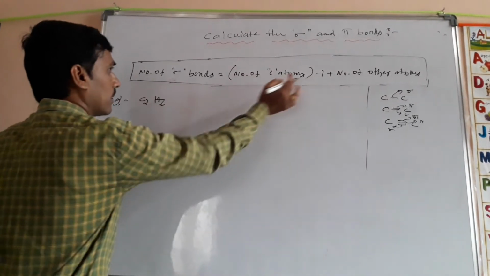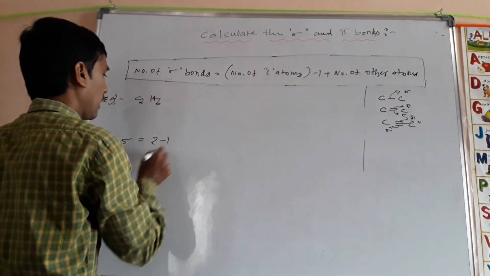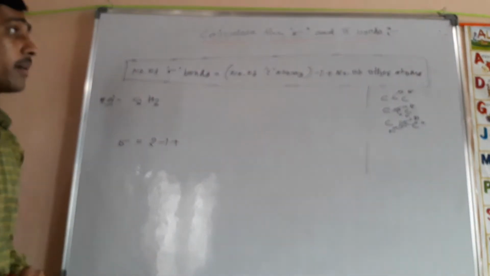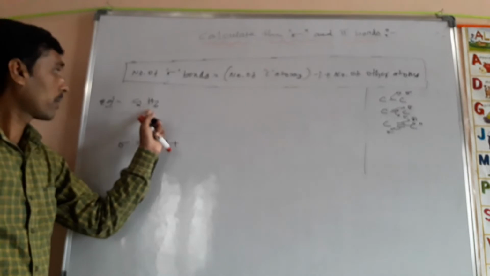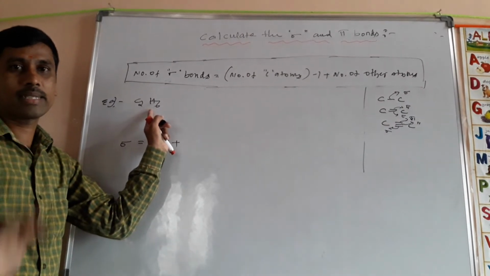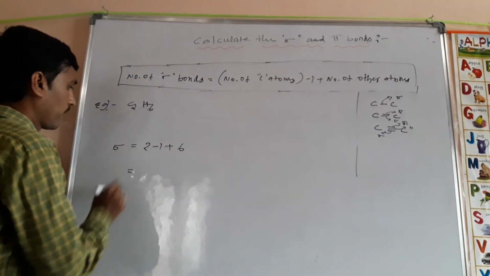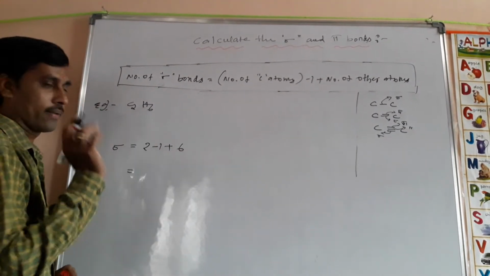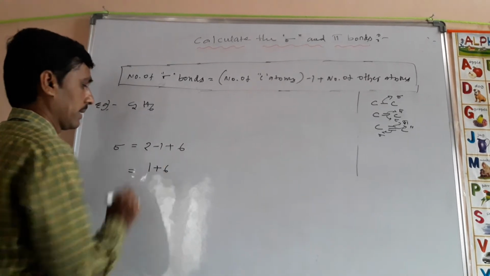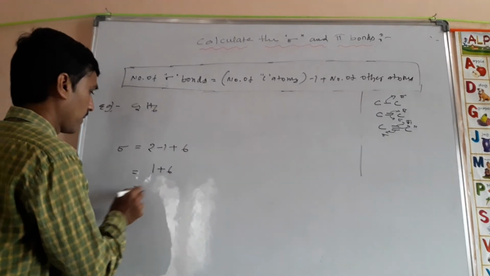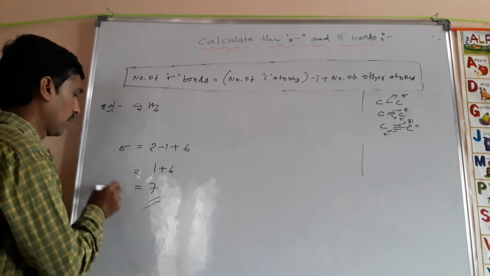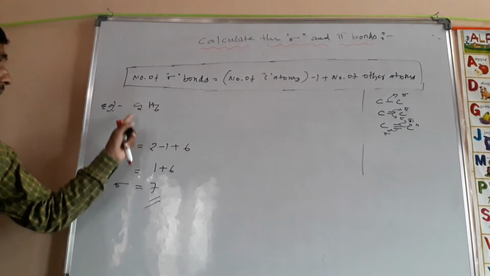Next minus 1 plus the number of other atoms. 6 hydrogen atoms are there. Sigma bonds equal 2 minus 1, that is 1, plus 6. Sigma bonds equal 7.